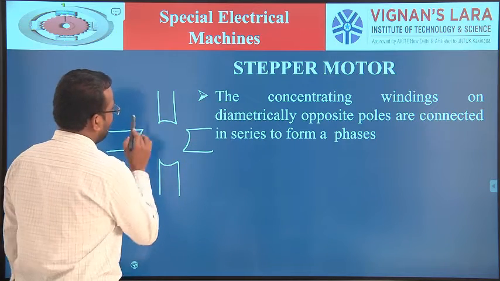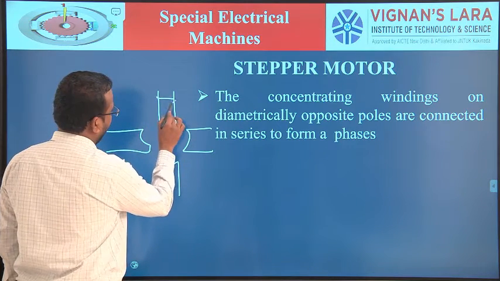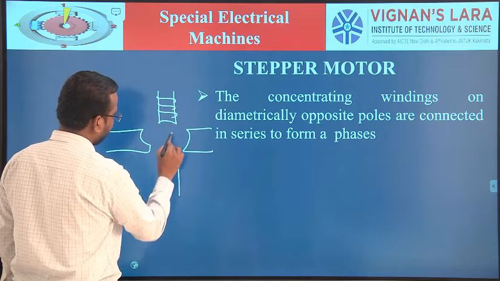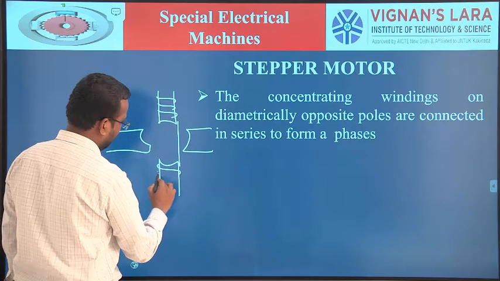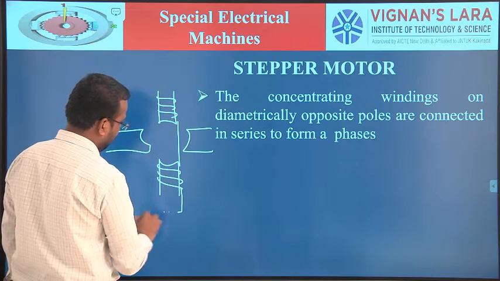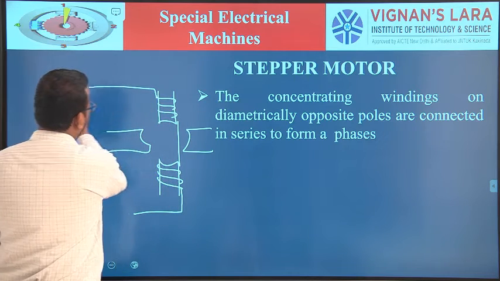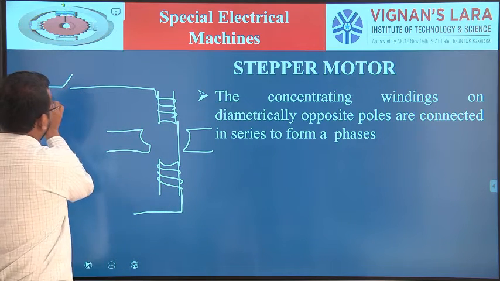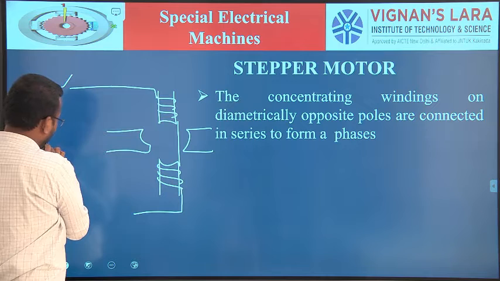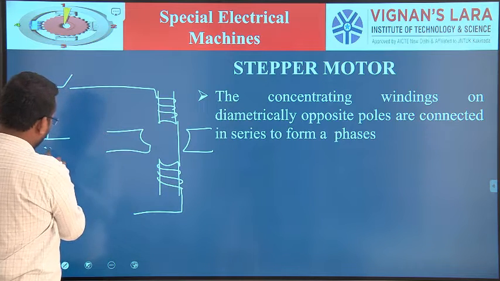This is phase A, this is the winding, and here we have a switch.